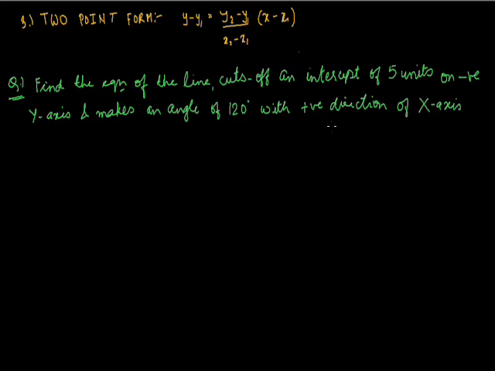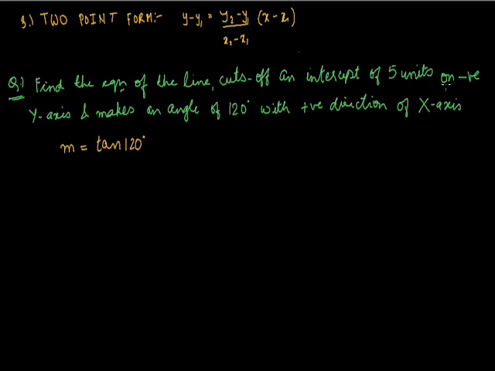So in this problem we are provided that the line makes an angle of 120 degrees with positive direction of x-axis. Hence the slope of the line, that is m, is equal to tan of 120. Now in this question we are provided the angle which the line makes with the positive direction of x-axis and the intercept of 5 units with the negative y-axis.